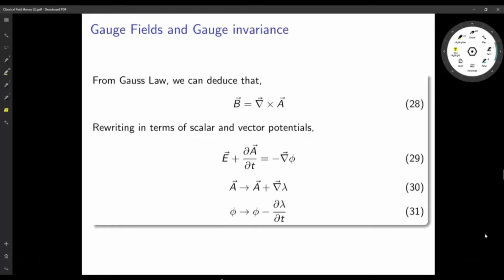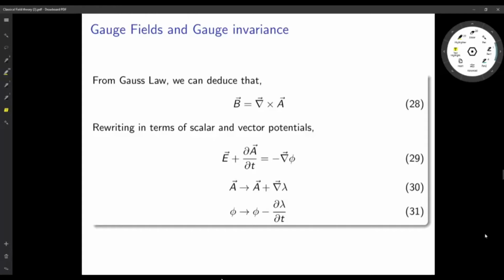So what do we call this? This is what we call gauge invariance. You can make a small change in your gauge field A, and that will not directly contribute to a change in your magnetic or electric fields.